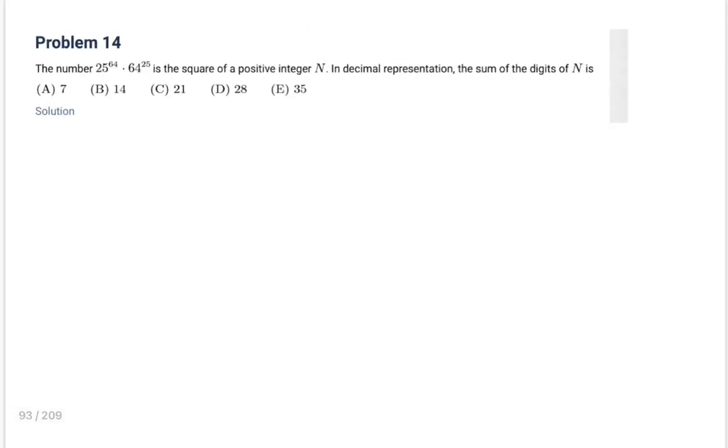Problem number 14, the number 25 to the 64th power times 64 to the 25th power. This is 5 to the 128th power multiplied by 2 to the 6 times 25, which is 50 times 3, 150th power. So this is the square of a positive integer n.